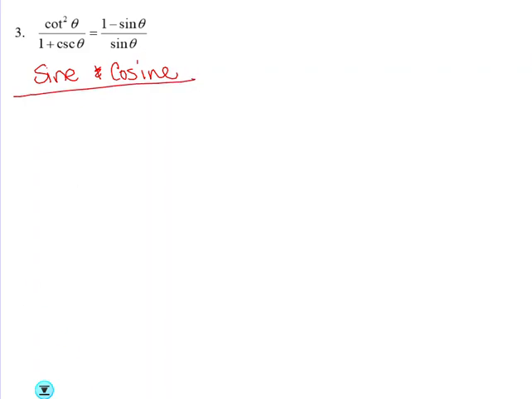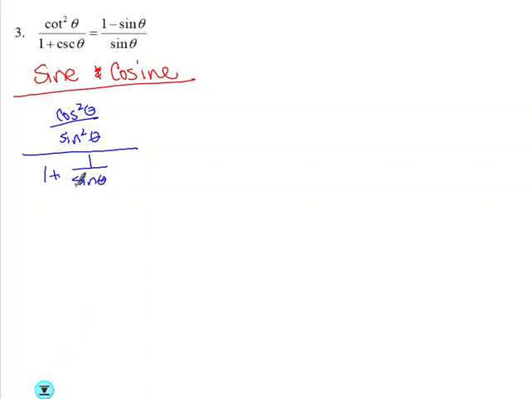I'm going to start by changing the left-hand side of this identity so that everything is in terms of sine and cosine. So cotangent squared theta is cosine squared theta over sine squared theta. And 1 plus cosecant theta is 1 plus 1 over sine theta.